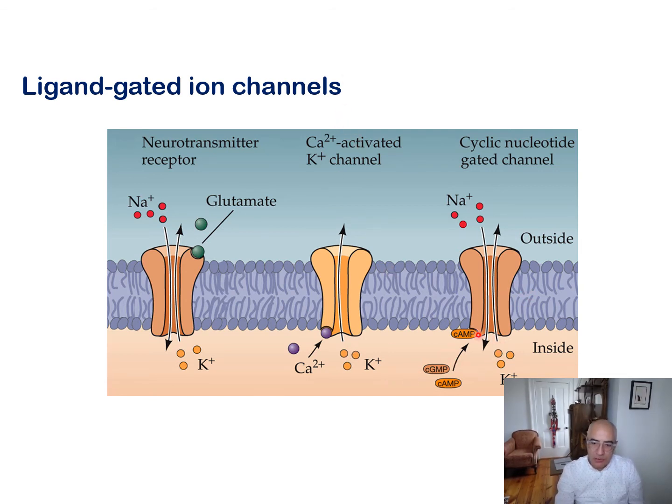The cyclic nucleotide channel can be activated by either cyclic AMP or cyclic GMP. These are different categories of channels. And when it opens, it's also a non-specific cation channel in that it allows both sodium and potassium to go through.